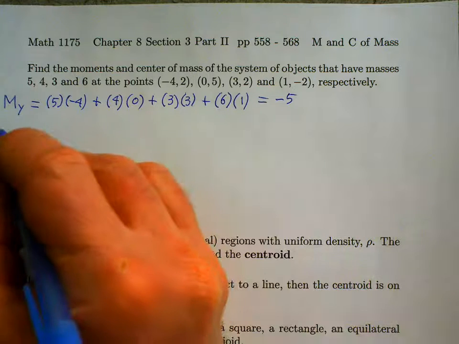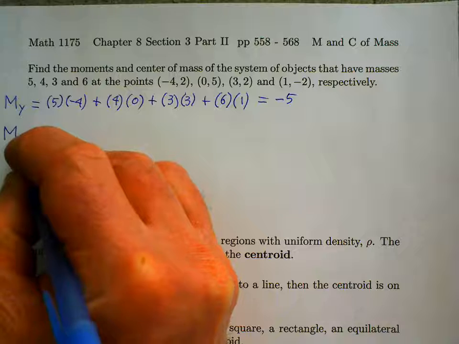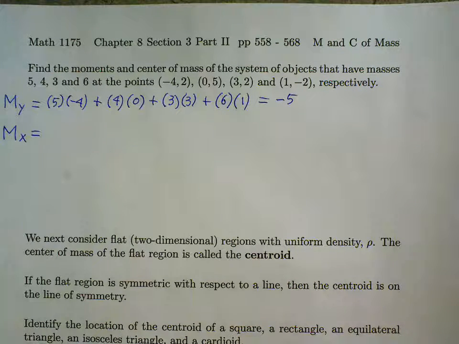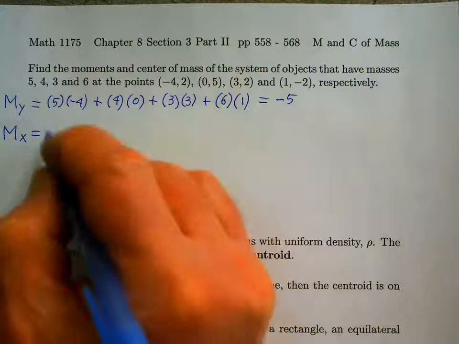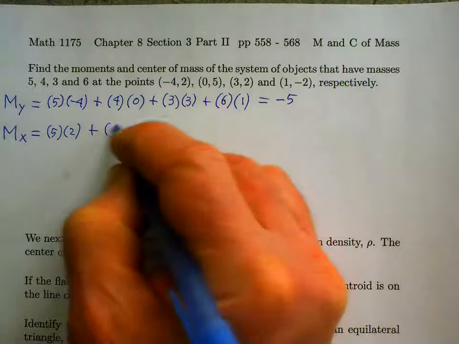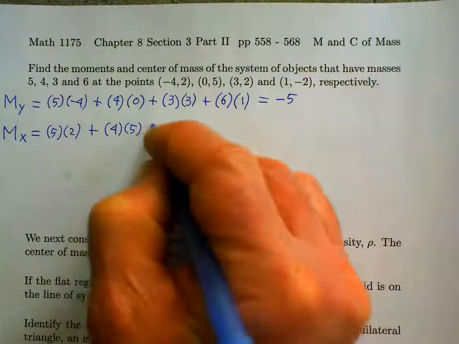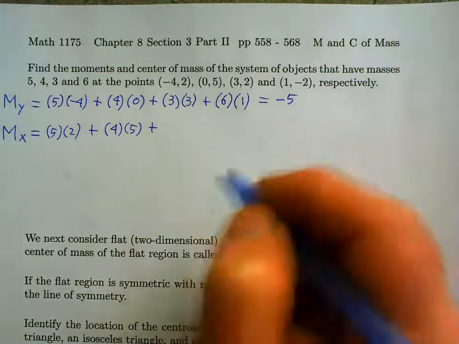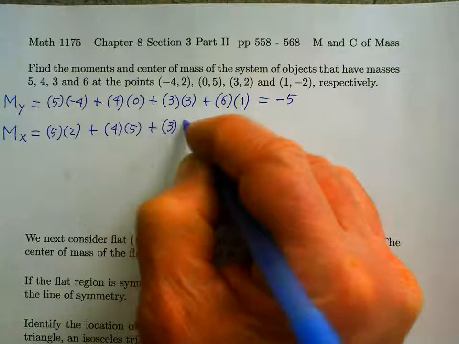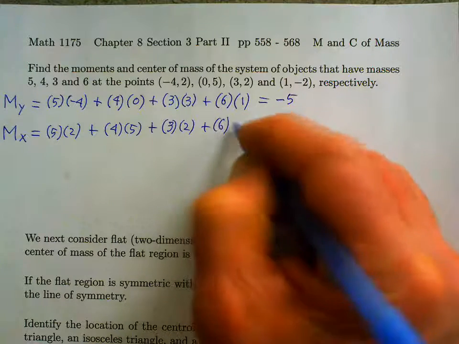Okay, the moment of the system about the x-axis. So this time we multiply the individual masses by the corresponding y-coordinates. So 5 times 2 plus 4 times 5 plus 3 times 2 plus 6 times -2.